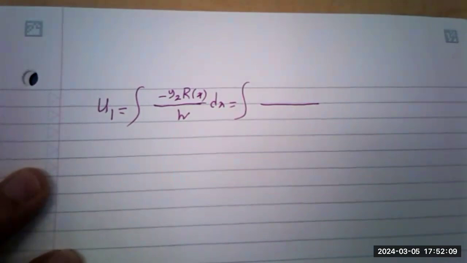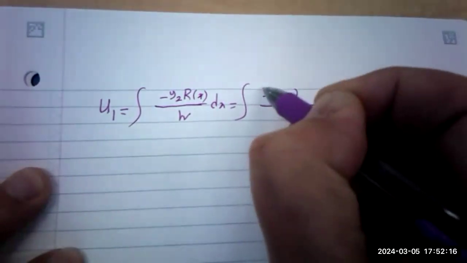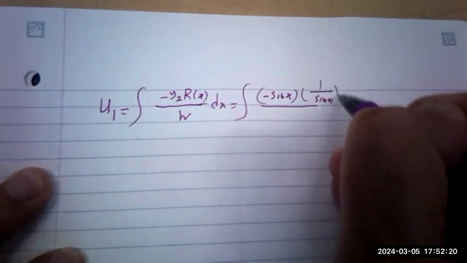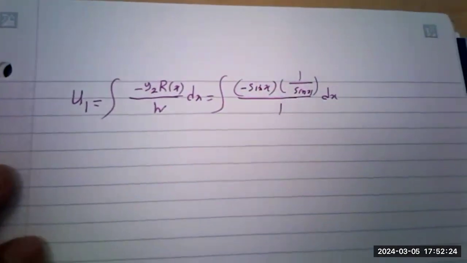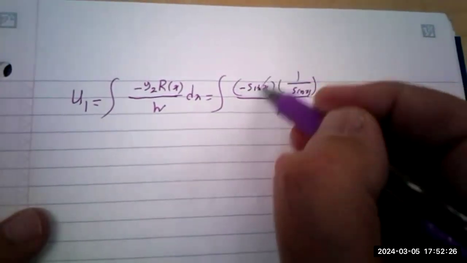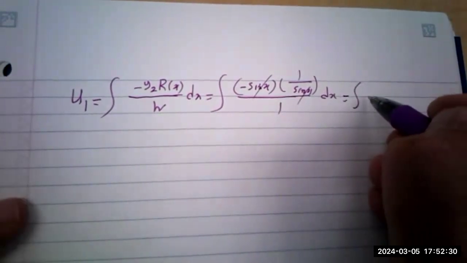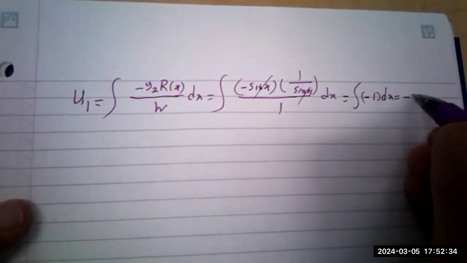I take the Y2 to be sine X, so that would be negative sine X times R of X. R of X is 1 over sine X, and the Wronskian is 1. Here you go. Nicely it simplifies. So that gives what? Integral of just negative 1, which is going to be negative X.